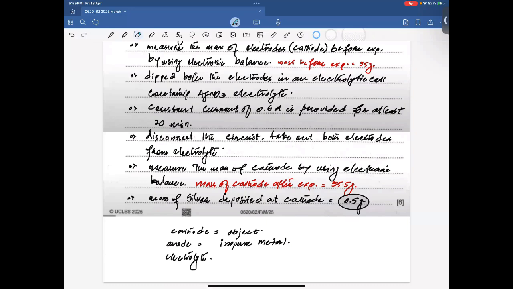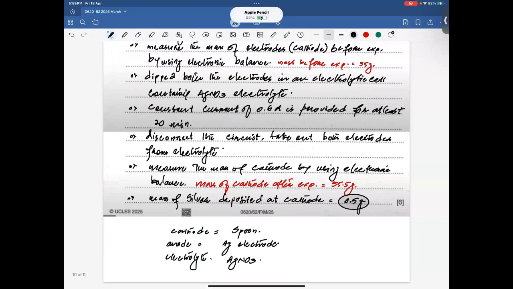In fact, let me change. This is the general instructions we have discussed in theory, but for this, cathode needs to be a spoon, anode is silver electrode, silver metal, you can say that, and electrolyte needs to be silver nitrate. Okay, I hope it makes sense to you.